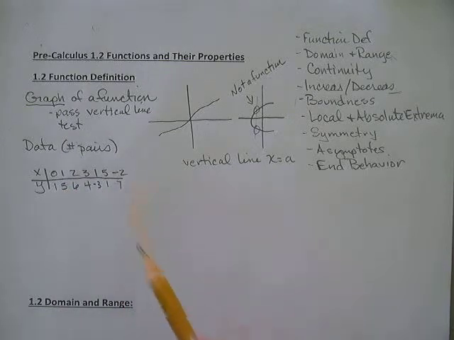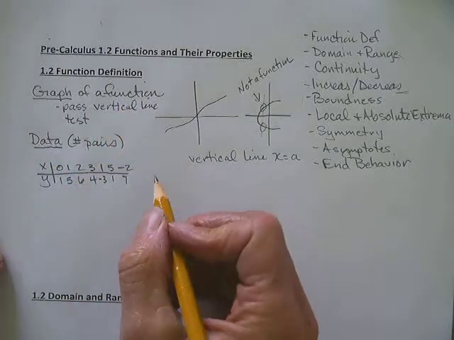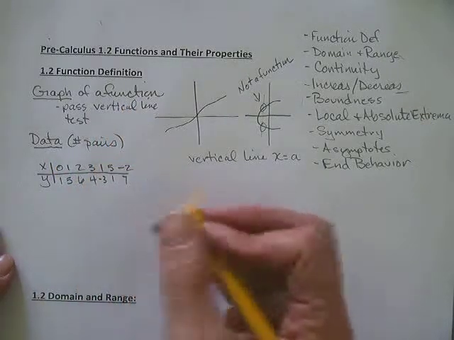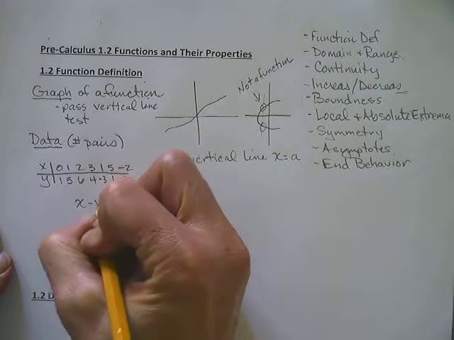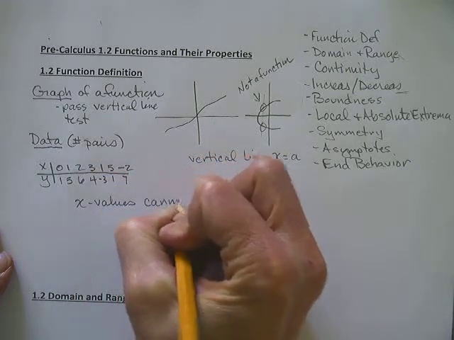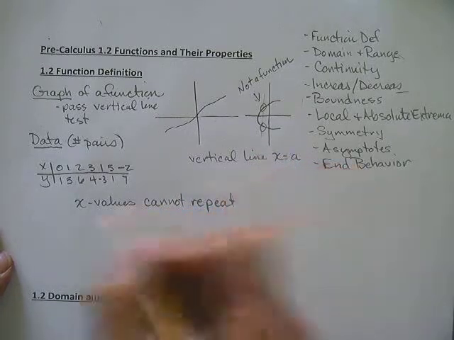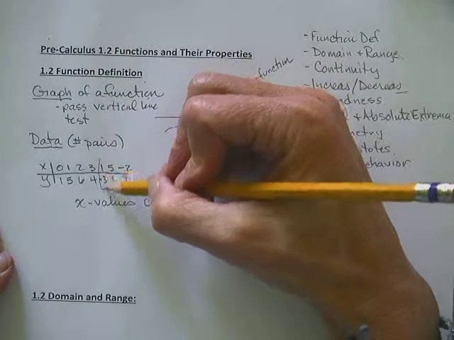Like that, okay? How can you tell by looking at numbers if it is a function or not? Does anybody remember? Something cannot repeat. There you go. The x values cannot repeat.